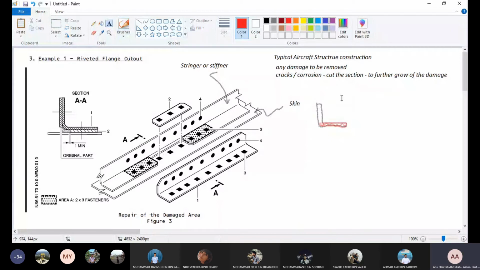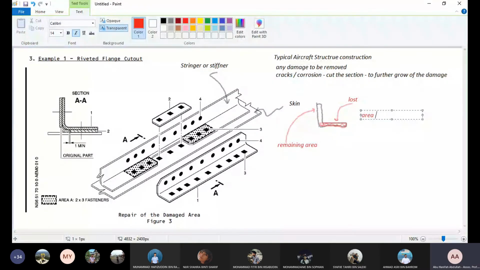Say the area, I just put a quick number, for the cross section of L angle is 100 millimeter square.